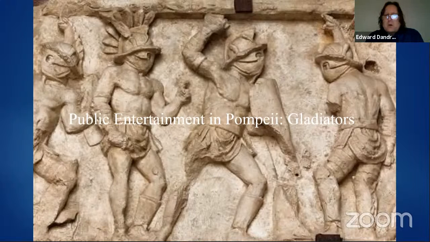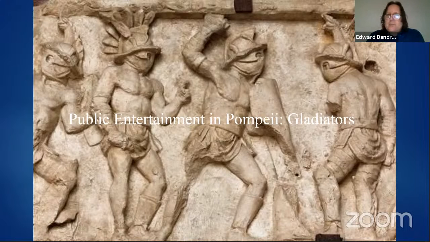After all, Pompeii was a seaside town and sailors came in, not just to sell their goods, but also for entertainment. People from the countryside likewise came in for entertainment. Pompeii has theaters, it has taverns that were frequented.